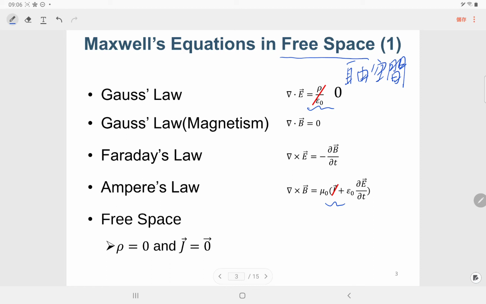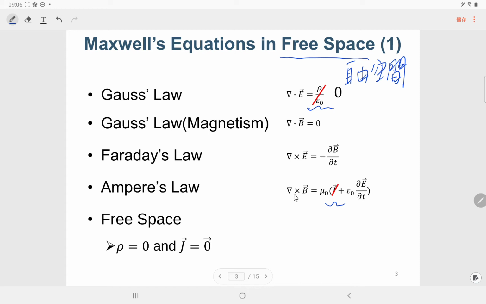Because if we have charges or current, then it will generate some E field or B field, and as long as this E field and B field may be varying, then this varying B field and E field will further generate the E field and B field. So it will make things much more complicated.